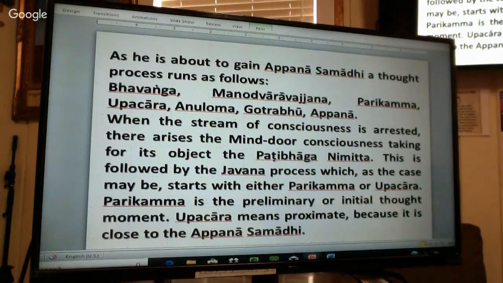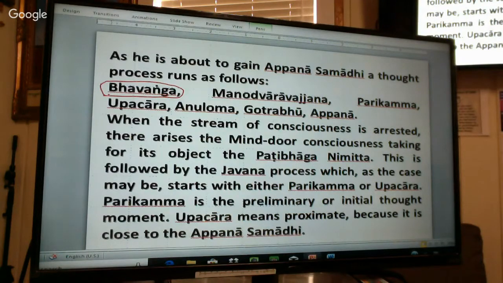The jhana thought process is just bhavanga, like this. Bhavanga is like our fundamental stream of mind, a containing consciousness we call bhavanga, meaning bhava, anga. Bhava means life. Anga means a factor or foundation.